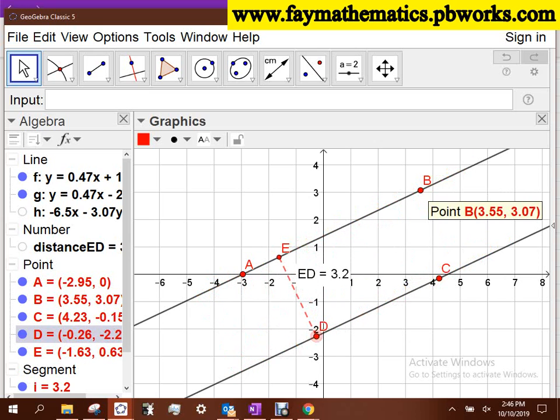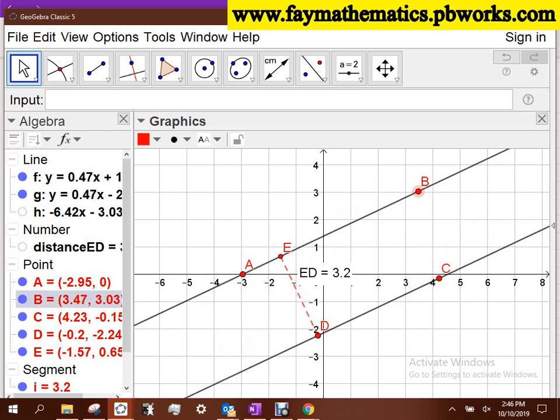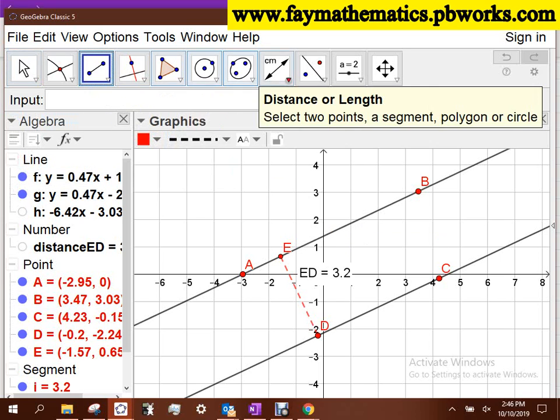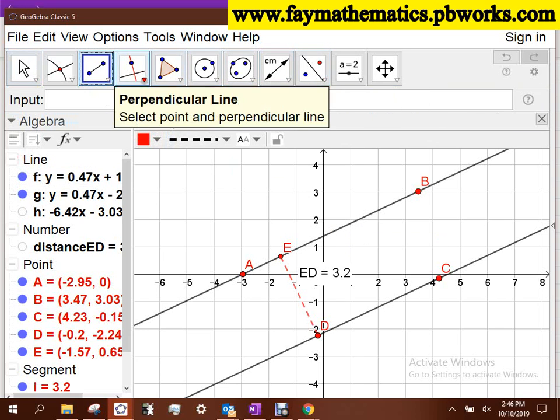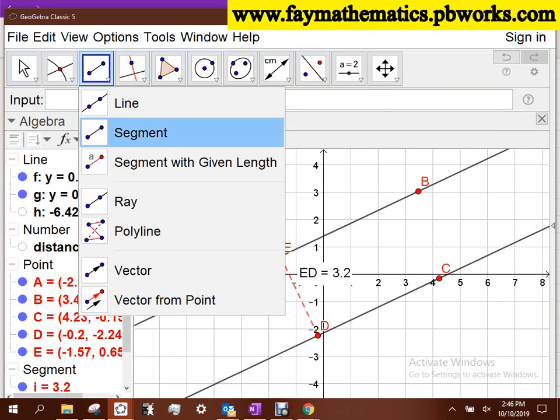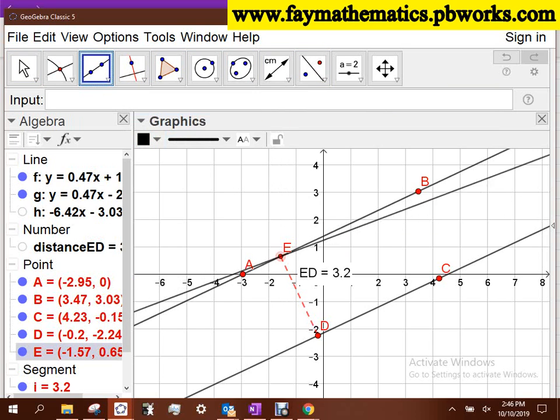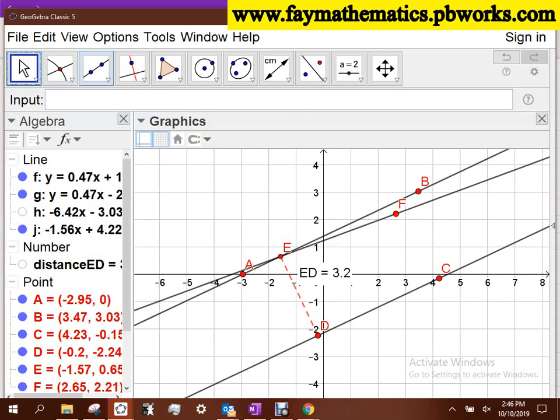If this was like a railroad, and the way I've set this up, I actually have to do it this way. Okay, so let's say I had those two lines.